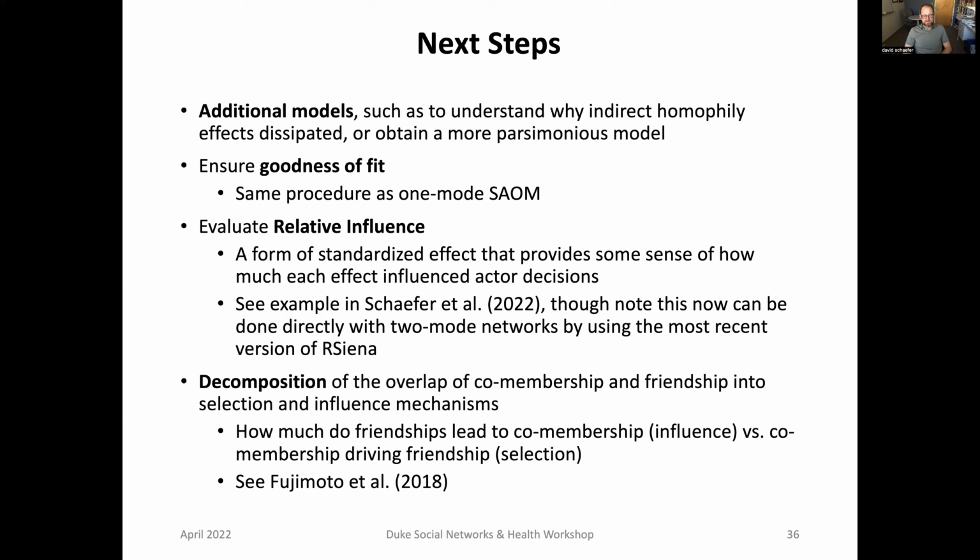Using a similar kind of simulation procedure, you can see how much friendships lead to co-membership, with and without effects of influence in the model, versus co-membership driving friendship. The paper by Fujimoto et al. in 2018 applies that to some data on friendship and sport participation coevolution.